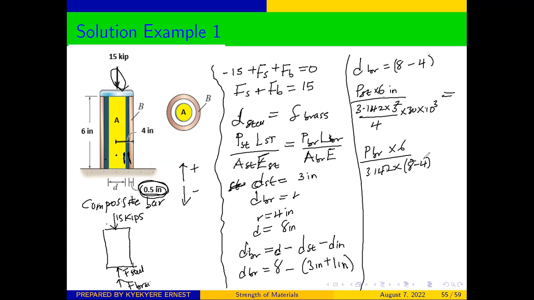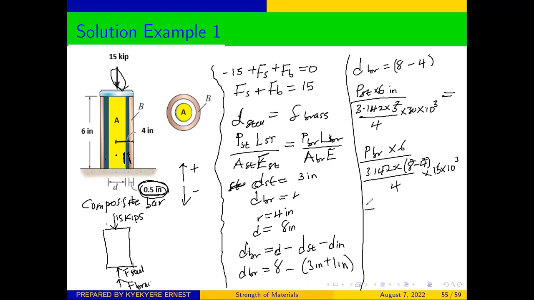So 8 square minus this square, all over 4 times our modulus of elasticity for that side, which is 15 times 10 to the power 3.